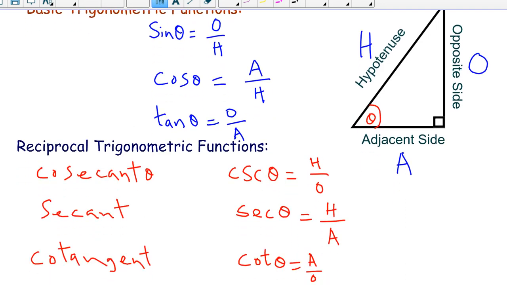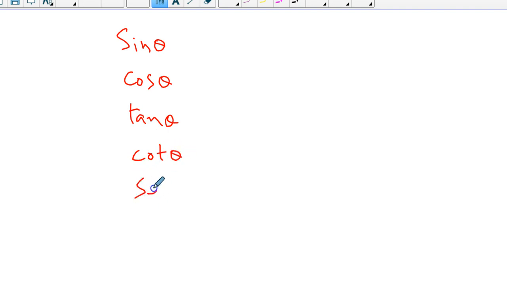If you have to remember them, I suggest you remember it this way. Sine first, sine theta, which is O over H, then cosine, then tangent, after tangent cotangent, then secant, then cosecant.